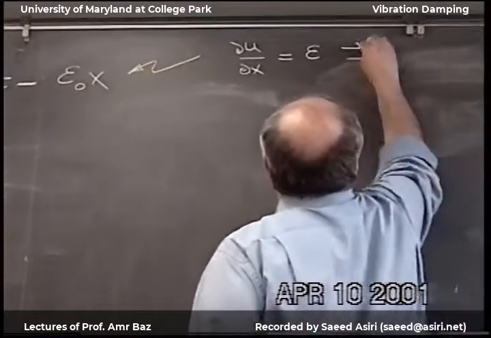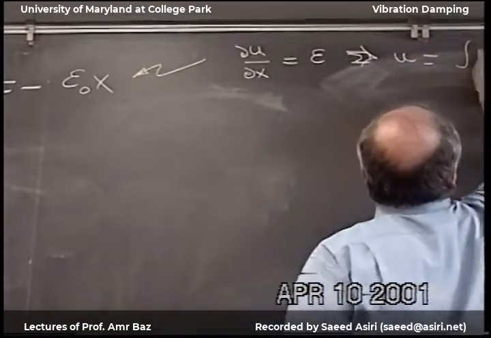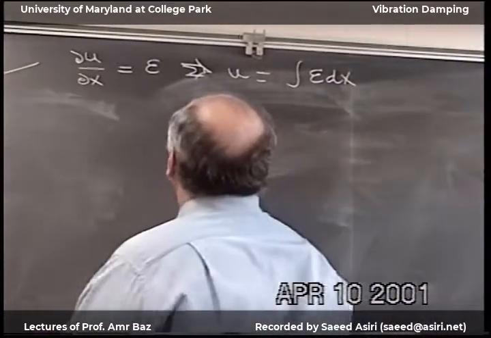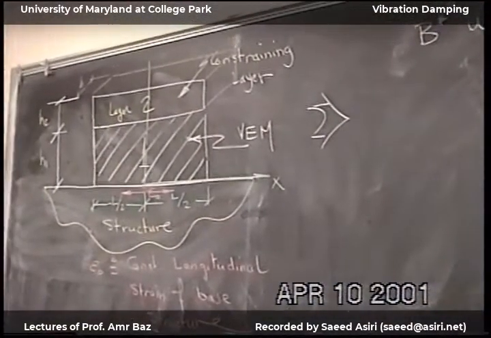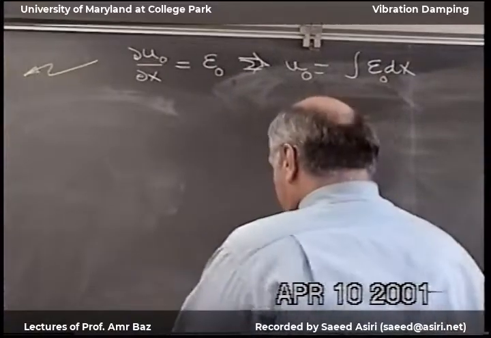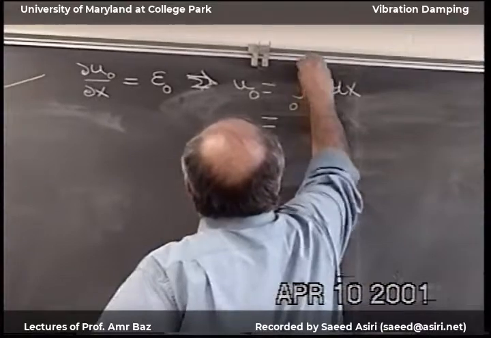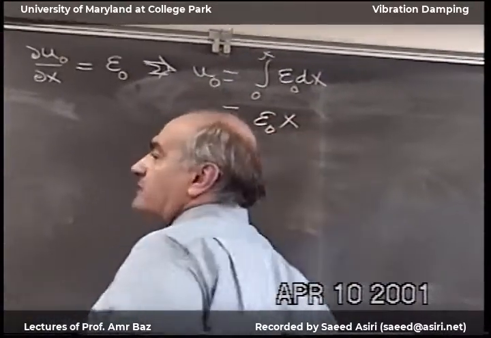Then from here, I can say that u is equal to integration of the strain with respect to x. So if I want to get the deflection of the bottom structure, this would be u0, epsilon 0, and if I integrate this from 0 to any position x, this will equal epsilon 0 and x.